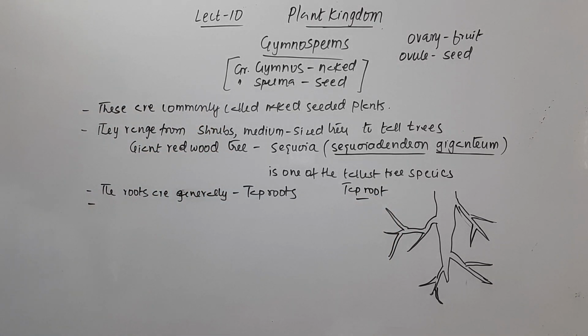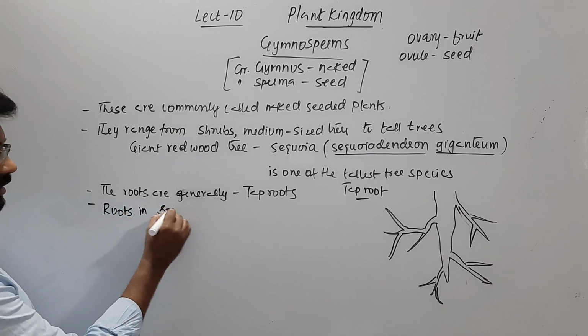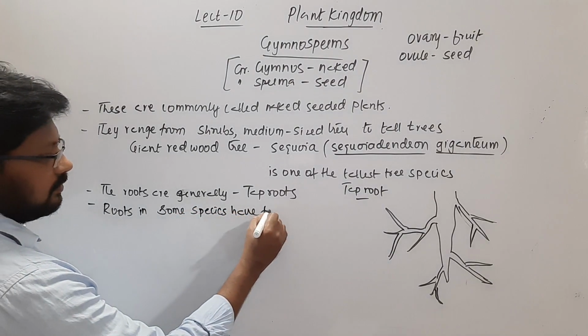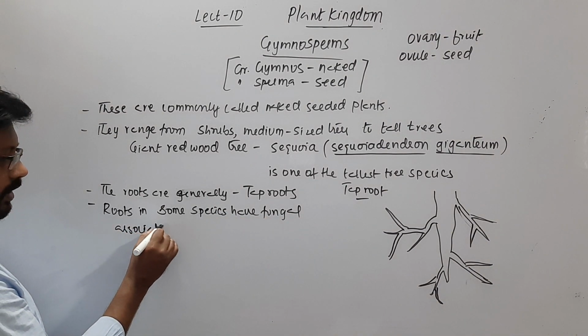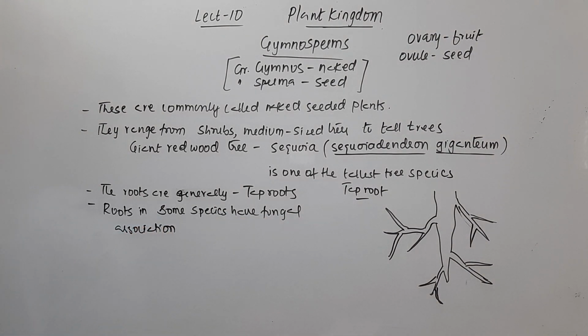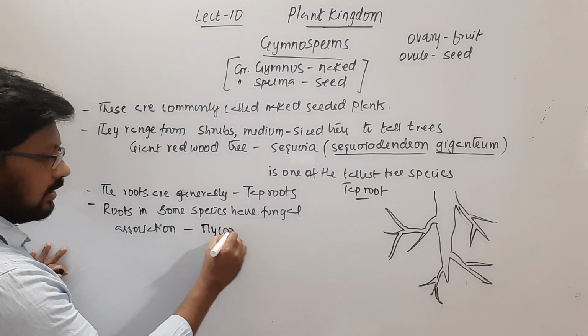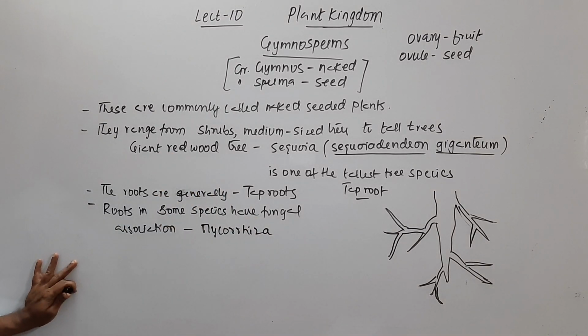The roots in some species have fungal association. We know the fungal association with roots of higher plants is a condition we call mycorrhiza, which we have seen in our previous session.